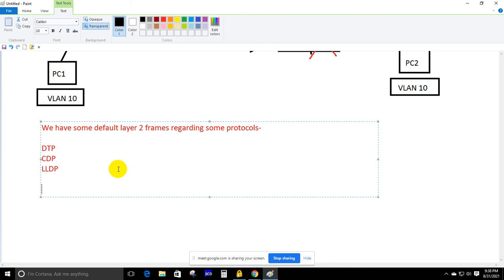All these layer 2 frames regarding protocols are sent over the native VLAN.